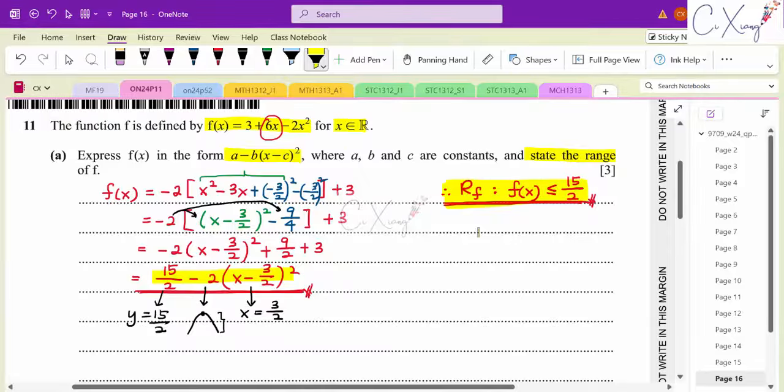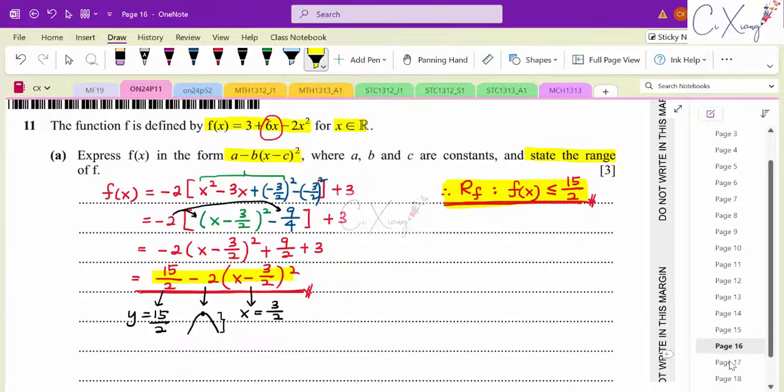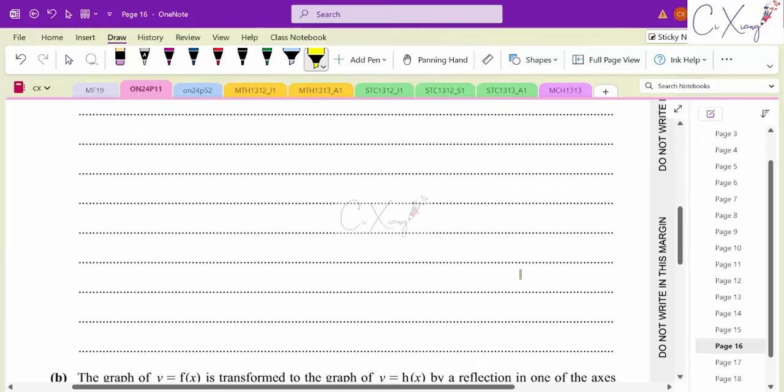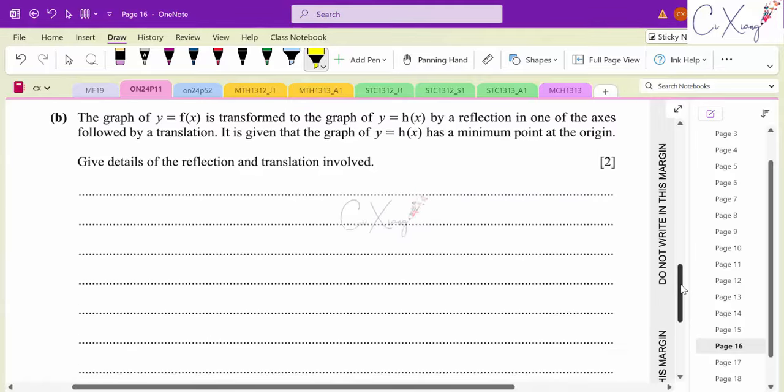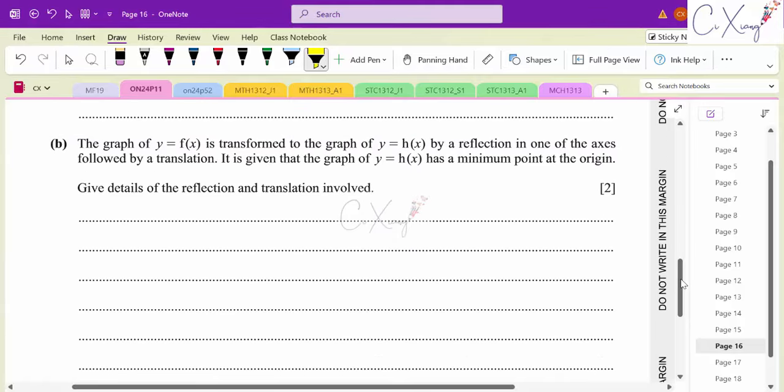Alright, then let's have a look at part B. For part B, they are telling us that the function f(x) is transformed to the graph h(x) by a reflection in one of the axes followed by a translation.